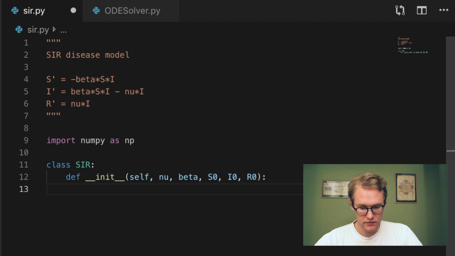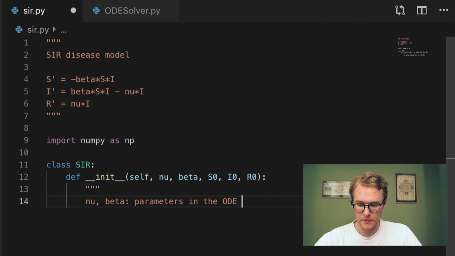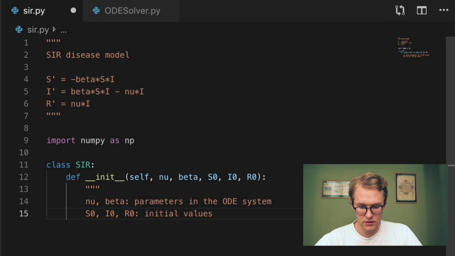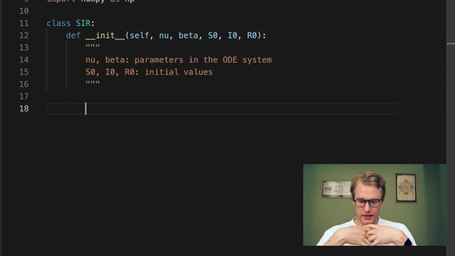And we can write some little commentary on what the things are. Nu and beta are parameters in the ODE system. And the S0, I0 and R0 are initial values. All right, there we go. And just to make this a little bit robust, I think it would be cool if nu and beta, the transition rates, can vary with time.